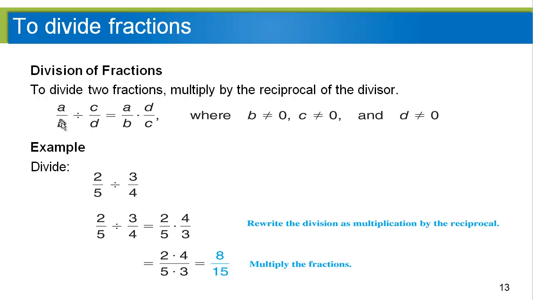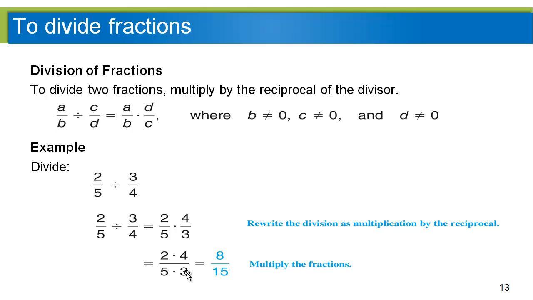So if we have a fraction and we're dividing that by another fraction, we can make our lives easier and turn it into the first fraction times the reciprocal of the second fraction. So 2/5 divided by 3/4 is 2/5 times 4/3, which gives us 8/15.